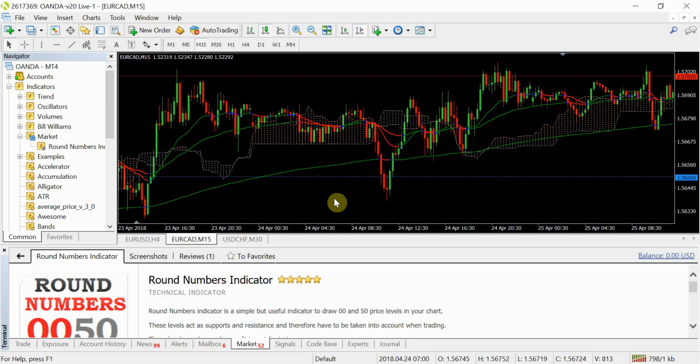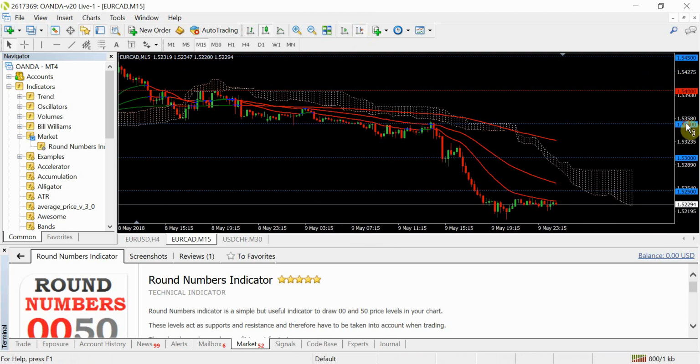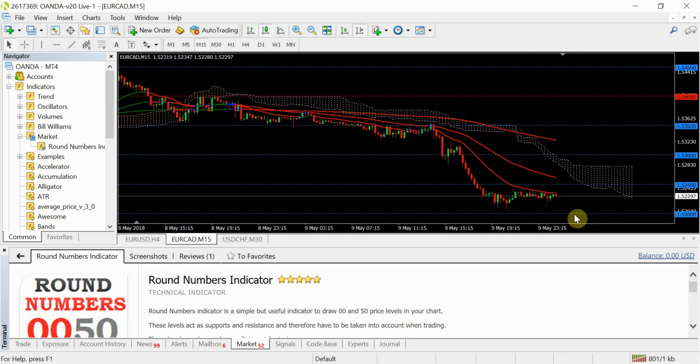I'm trying to look at where price is in relation to the upper level and the lower level. So if I go to where we are today, I'm looking here that if I was to go short in this market, over here would be my profit target, and my stop loss would be above this barrier here. So that's what I try to look for.